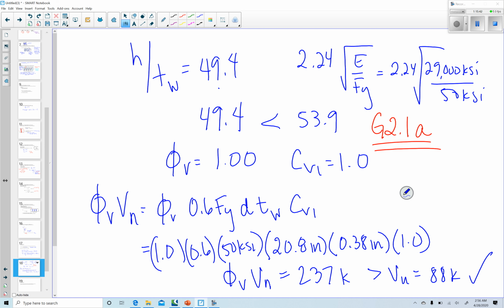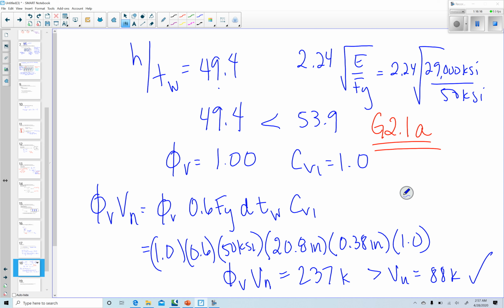Would a W12x50 have worked? I mean, 6 times 50 times... a W12x50 would also have worked.